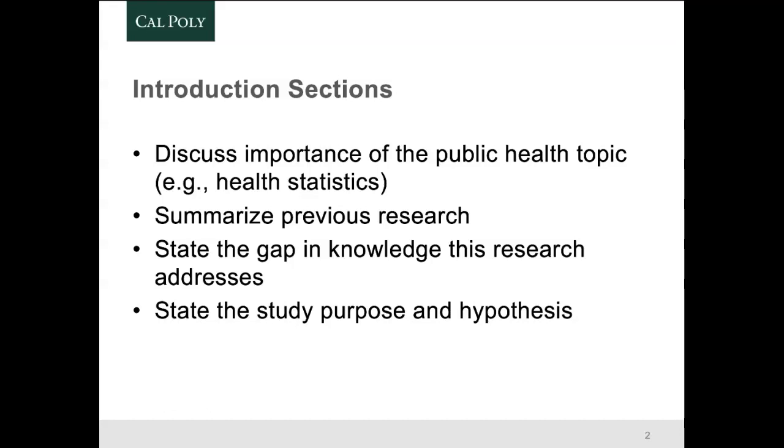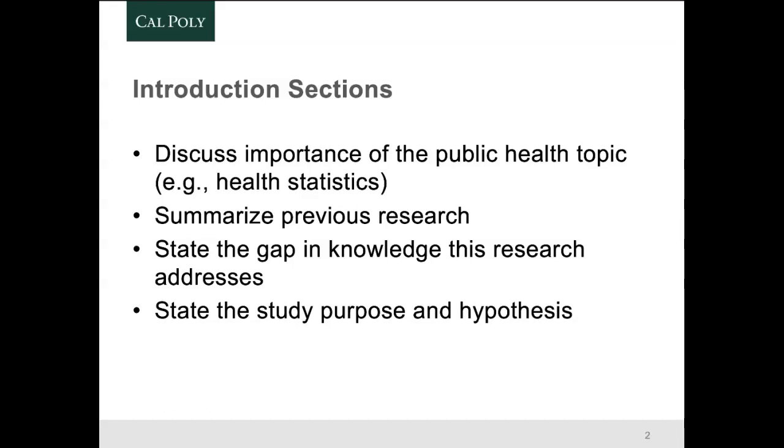So the sections we typically include in an introduction are listed on this slide. There are 4 different sections that your introduction should focus on. The first paragraph of your introduction should really focus on discussing the importance of whatever public health topic you're writing about.